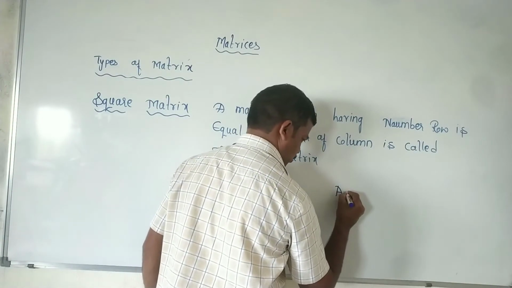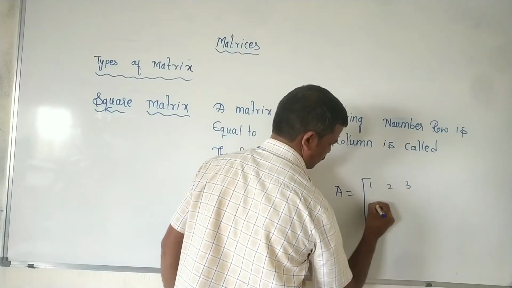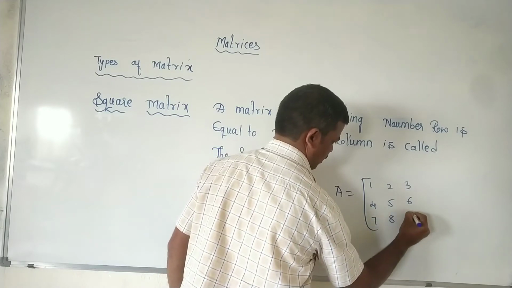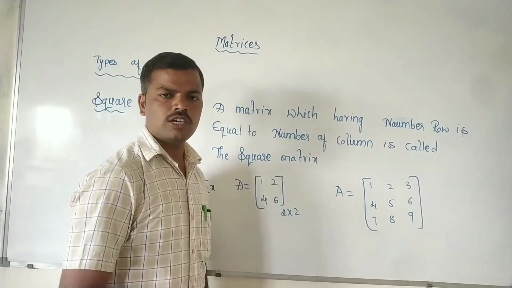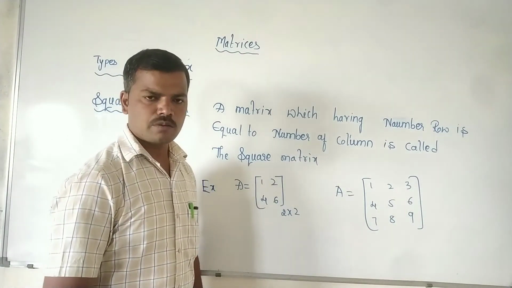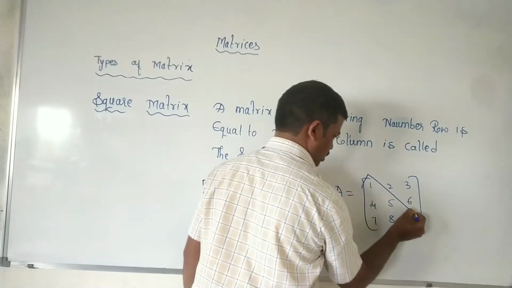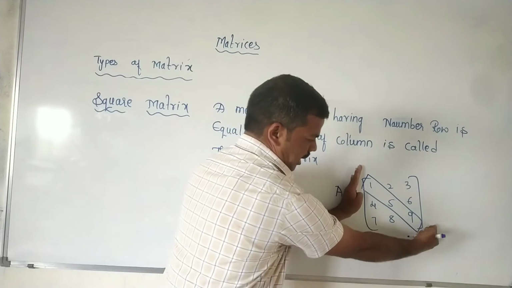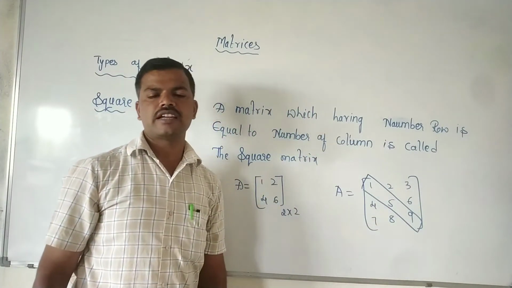Suppose we take another square matrix, 1 2 3 4 5 6 7 8 9. It is a square matrix. In this, from left top to the right bottom along the diagonal is called the principal diagonal.